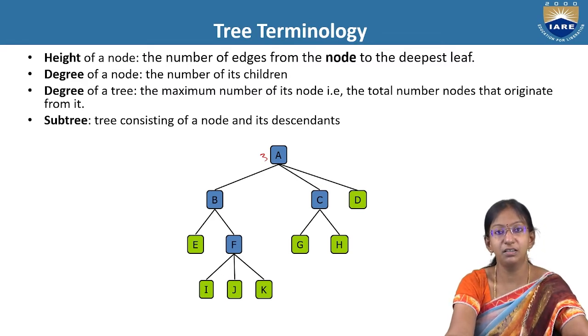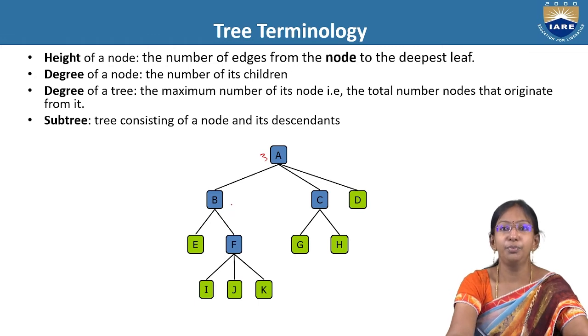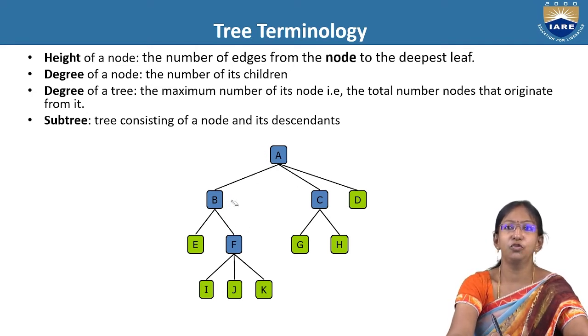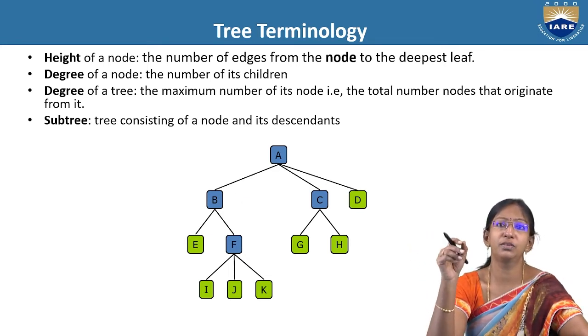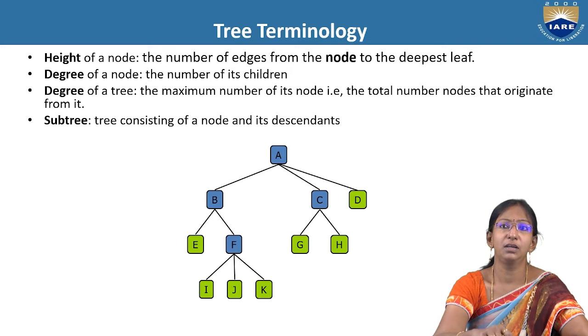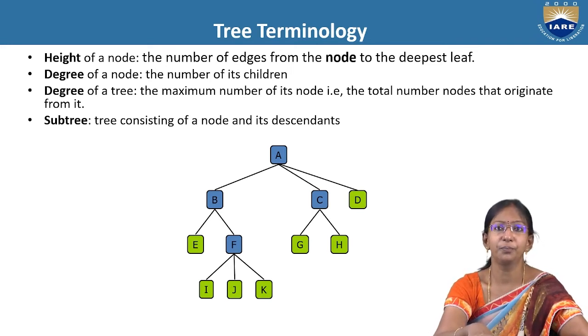So, its degree will always be 0. Coming to the degree of B, it is 2. F, it is 3. Samples I'm giving. Okay, degree of the tree is the maximum number of children of its nodes. That is 3. Degree of the tree is 3.